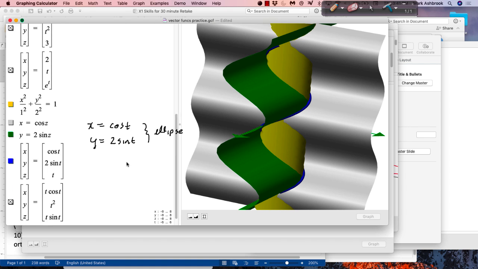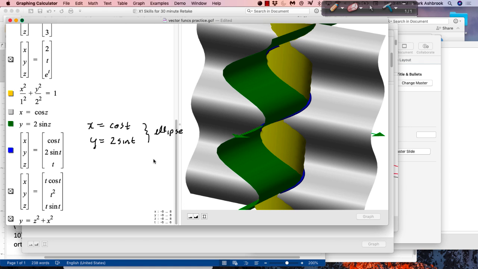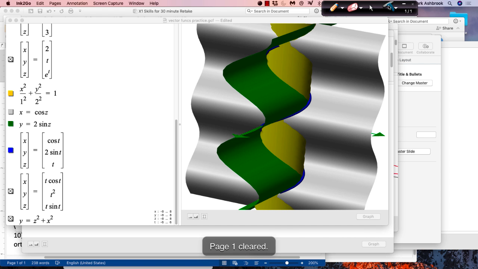Okay, what about this one? So t cosine t and t sine t, is that a circle and an ellipse? That would be open and wide.